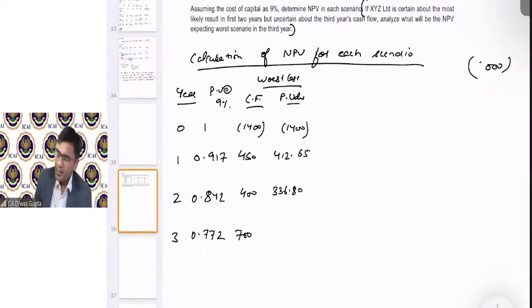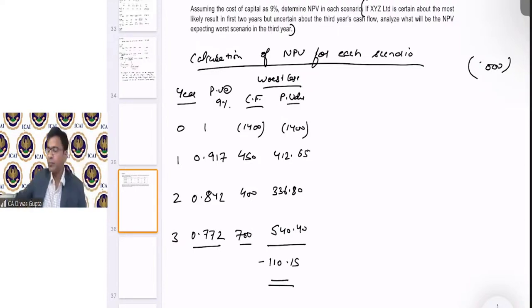Then 400 multiplied by 0.842 is 336.80. Then similarly, 700 multiplied by 0.772, which is 540.40. So the worst case present value, if we total everything, comes as minus 110.15.